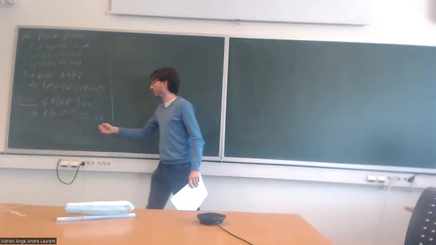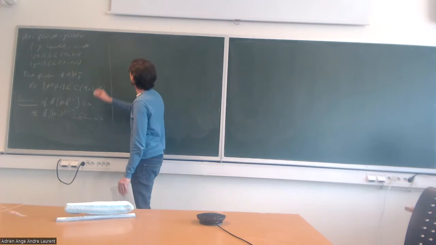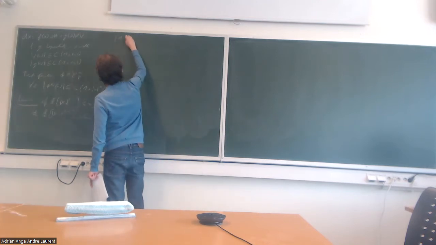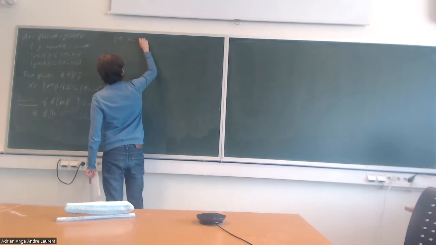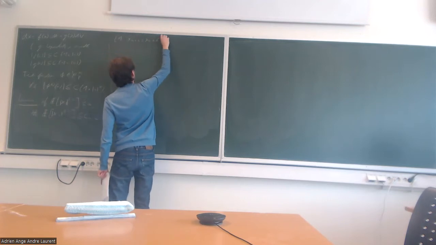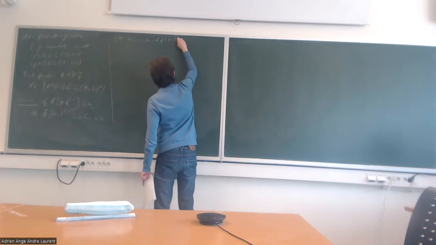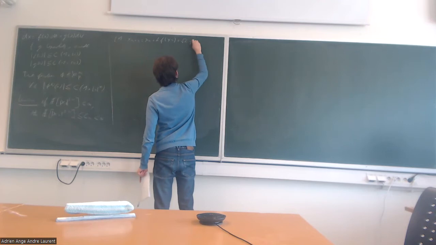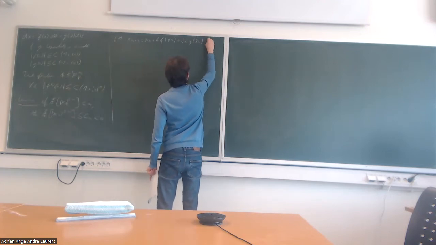And xn is given by the Euler method that I should write somewhere: xn plus h f of xn plus square root of h g of xn sine n.